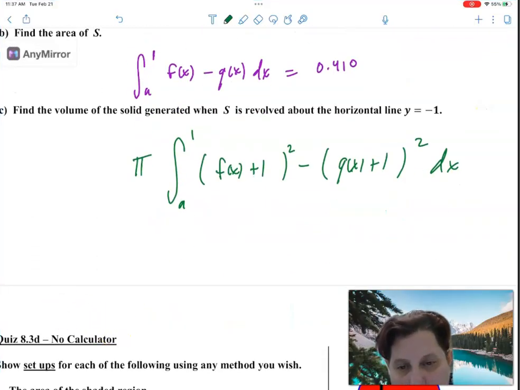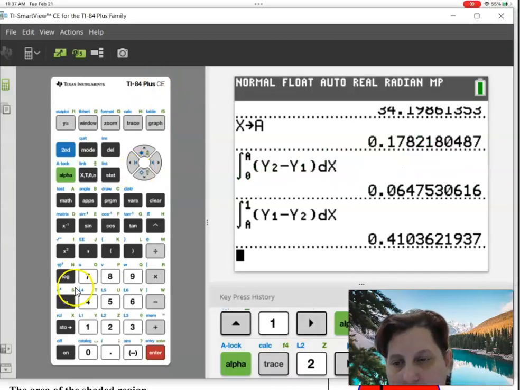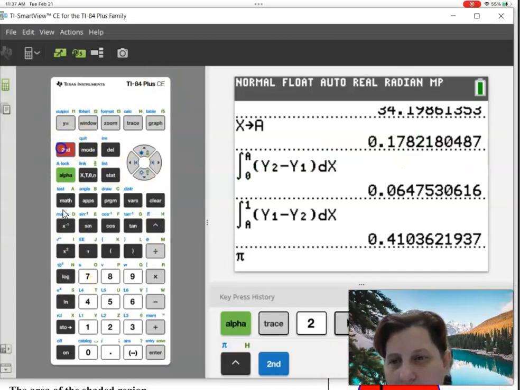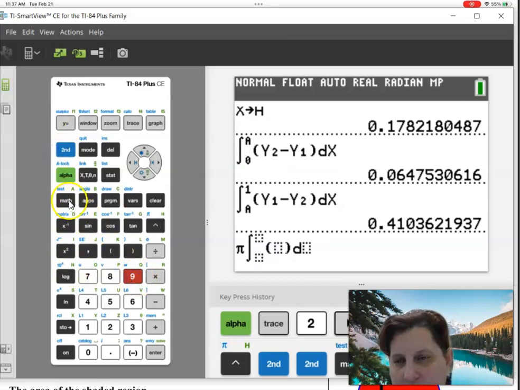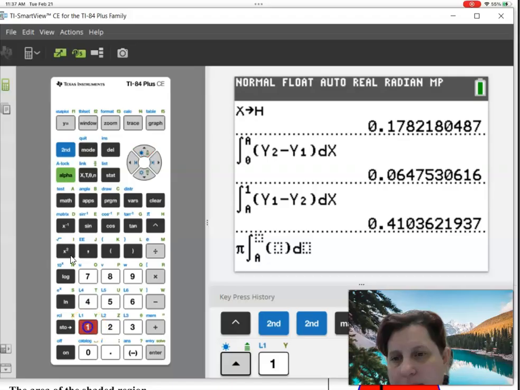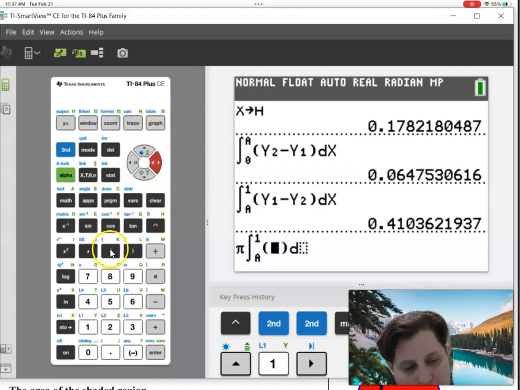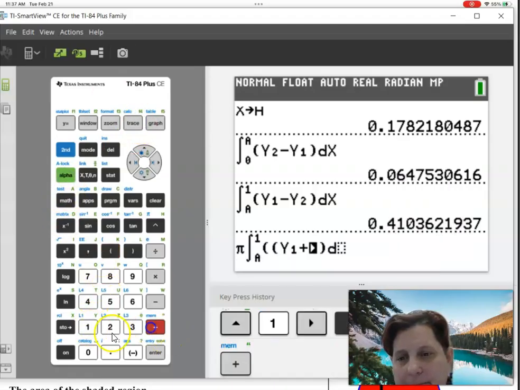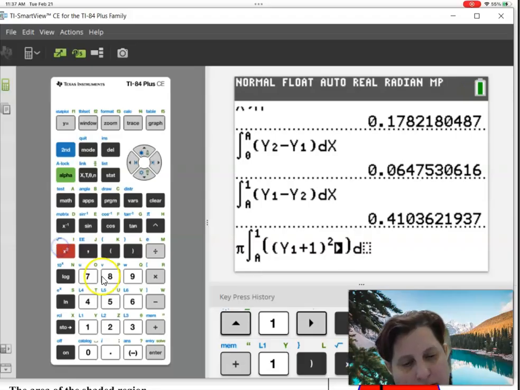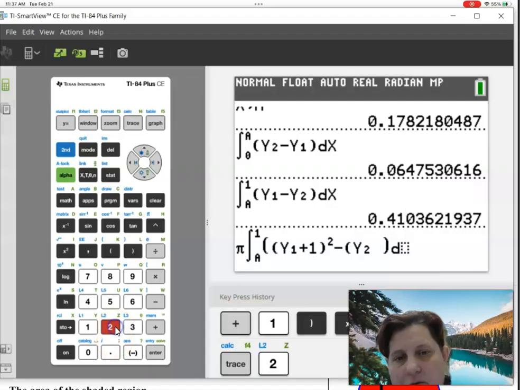And then all I do is I go over to my calculator, okay, and I go pi, and then, no, not a second, math 9, the integral from a to 1 of, okay, so I go parenthesis y1 plus 1 squared minus parenthesis y2 plus 1 squared dx.